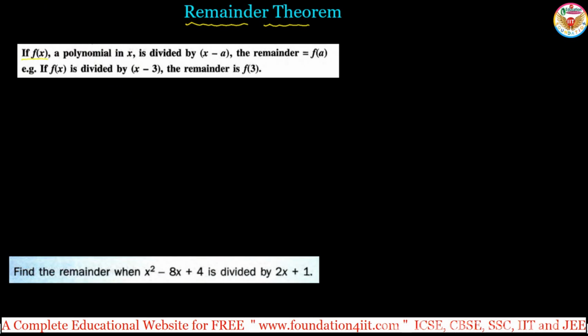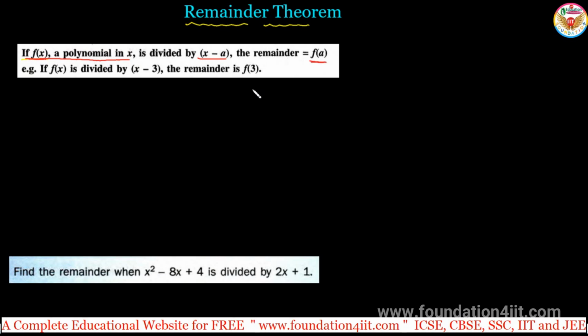If f of x is a polynomial in x, divided by x minus a, which is linear, a single term, then the remainder is f of a.